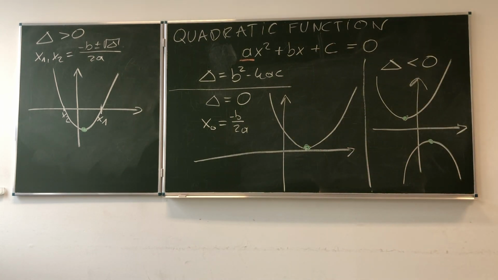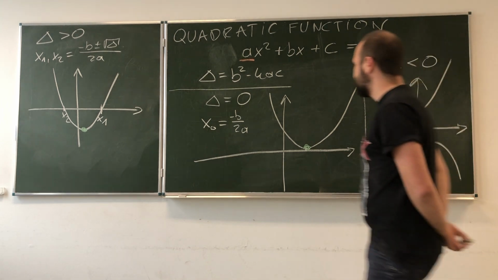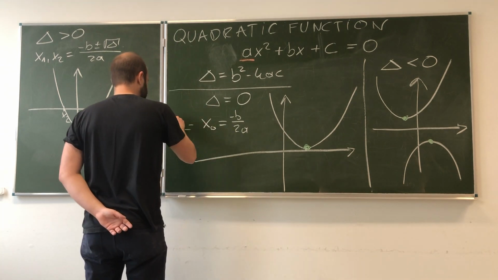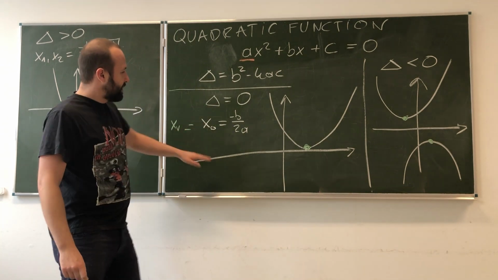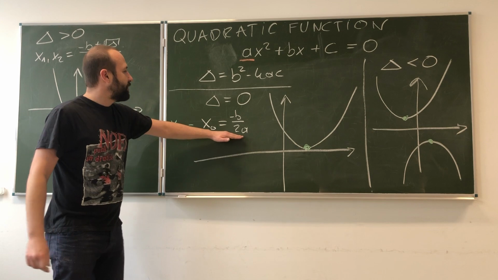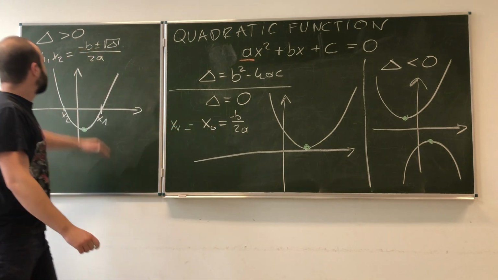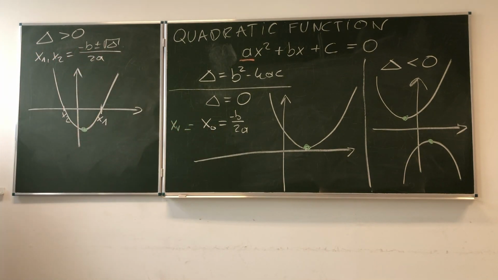Look, as it turns out, if I want to find the formula for the vertex, I can just use this formula. Because in this case, we see that this is the vertex, and we already obtained this formula. We just need to disregard the delta. And look, it makes perfect sense.